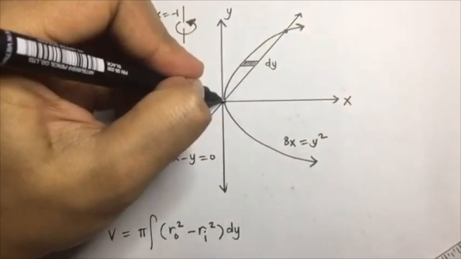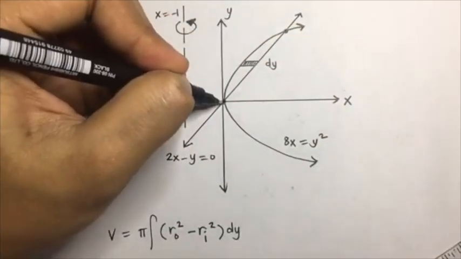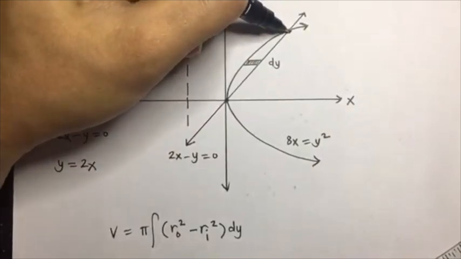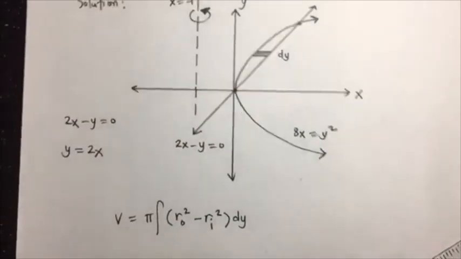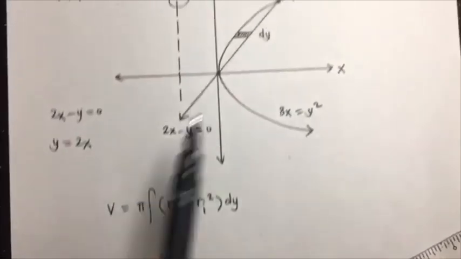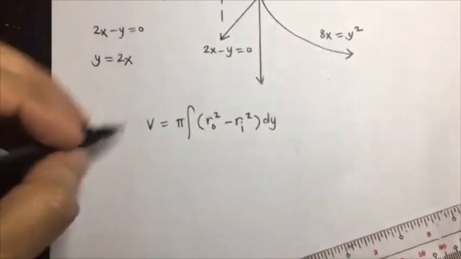Obviously this one here is the origin, and this is the unknown. To obtain the limits we must solve for the intersection first.